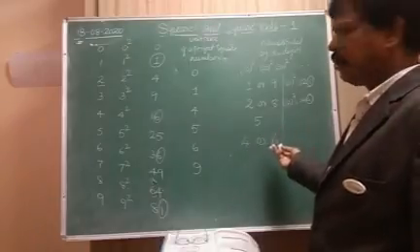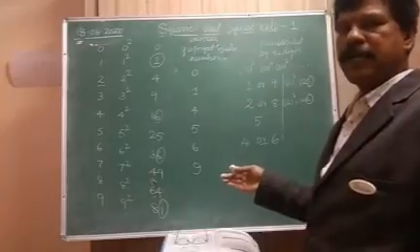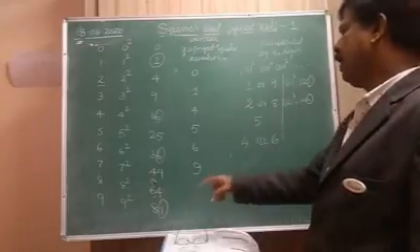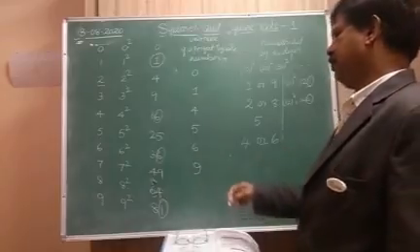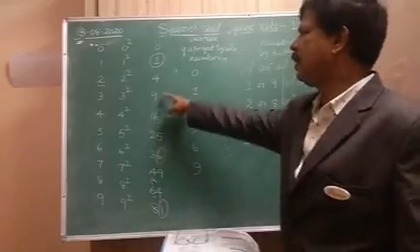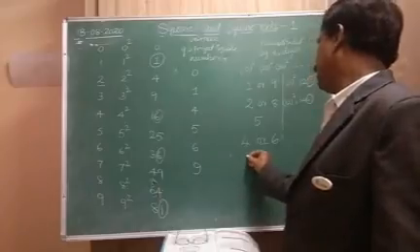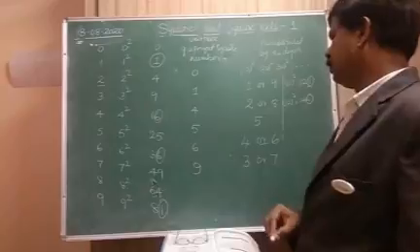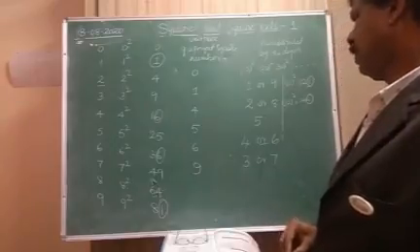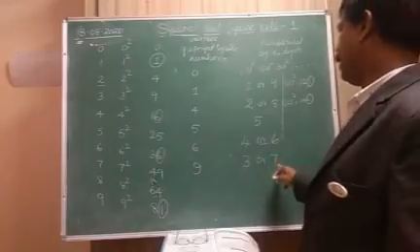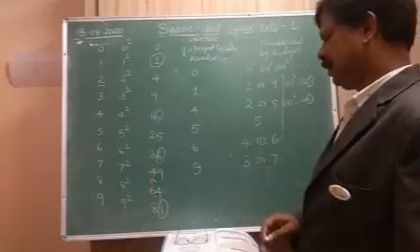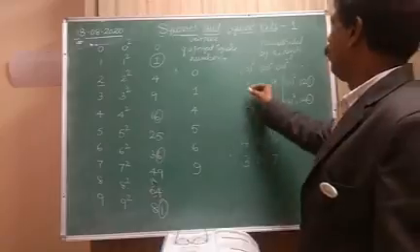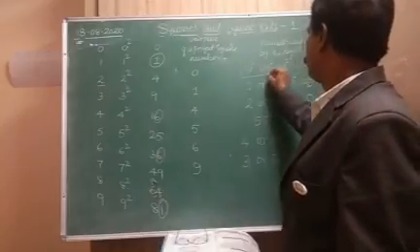When you square the number, its unit place always ends in 6 only. Then next is 9. 9 is here and here. The numbers ending in 3 or 7. These are the numbers ending in those digits. Clear? Understood? So you should learn this.